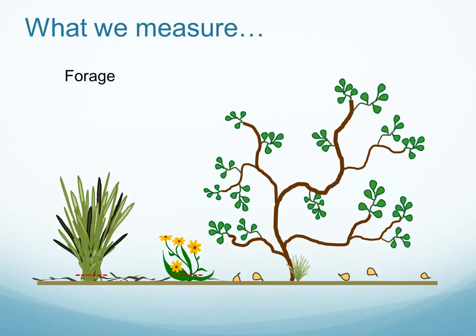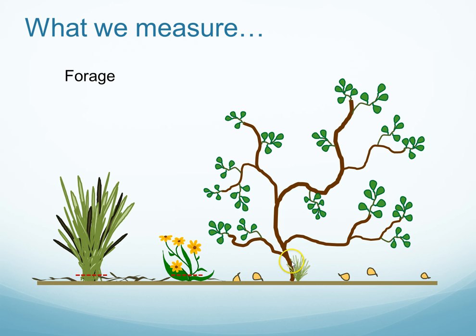For example, if we were to look at the forage of herbaceous plants here, we were measuring forage. First of all, we generally don't measure it at the soil surface, but we measure it usually about an inch above the ground. And we would measure these 2 plants because they are available for a grazing animal.